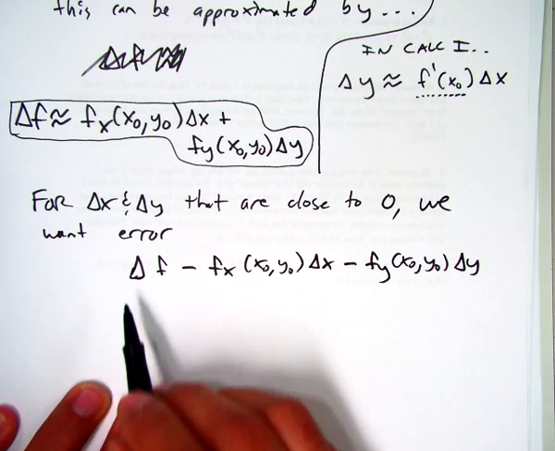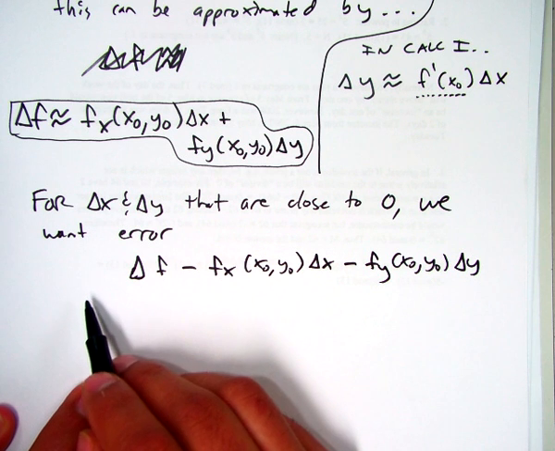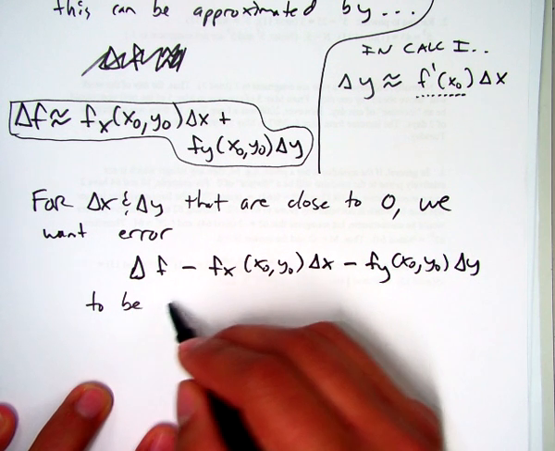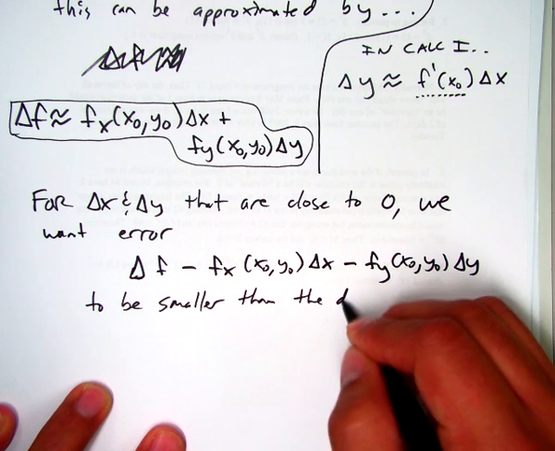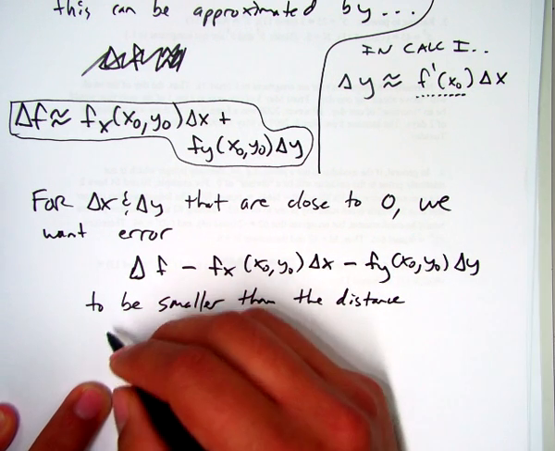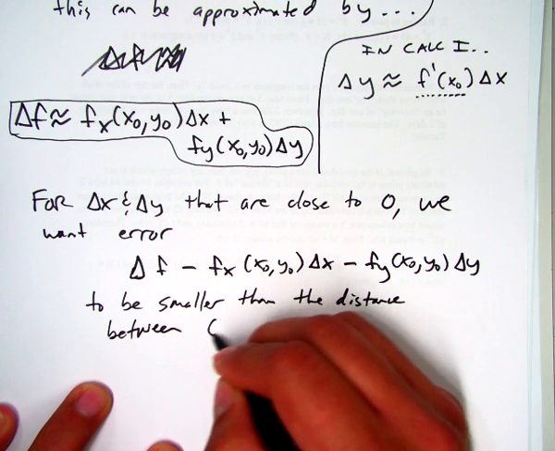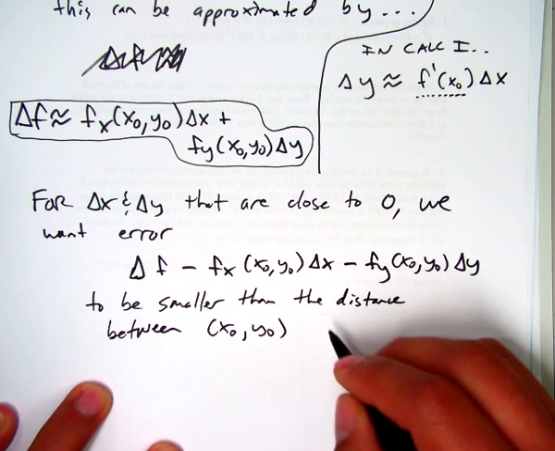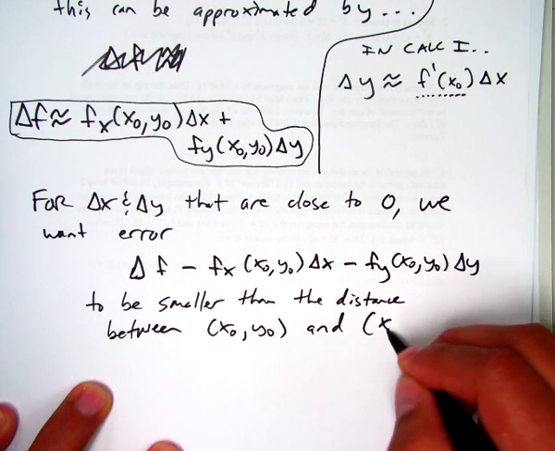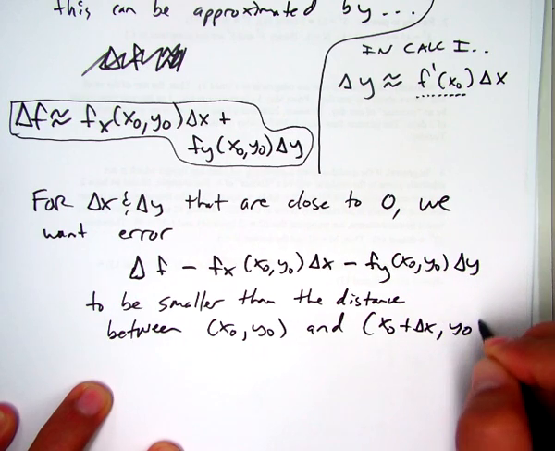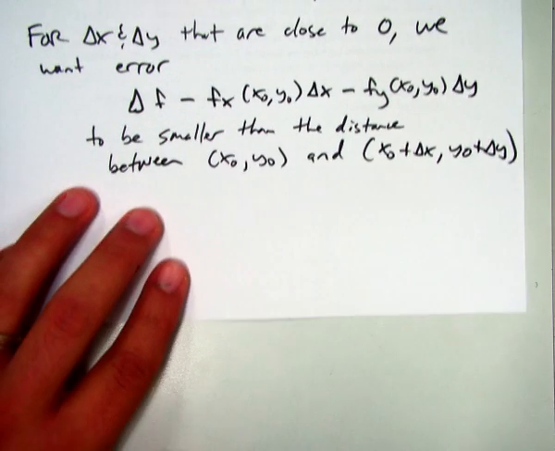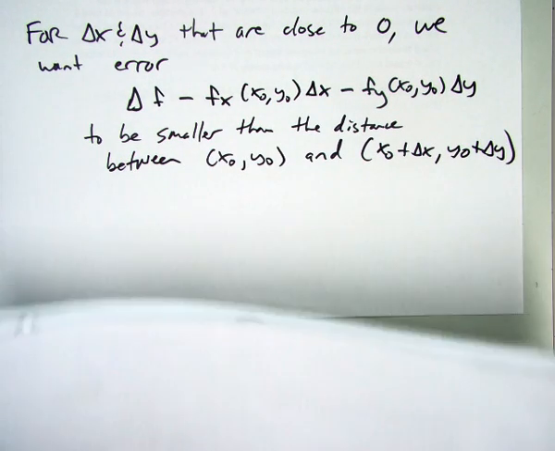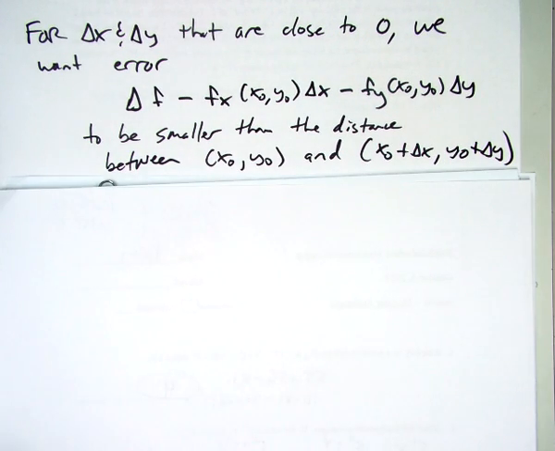We want the error, which is calculated this way, to be smaller than the distance between x naught, y naught, which is our starting point, and our final point, which is x naught plus delta x and y naught plus delta y. Okay?